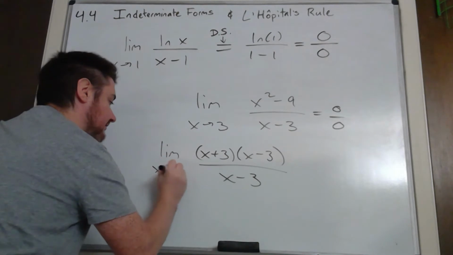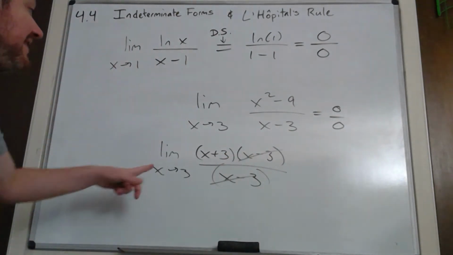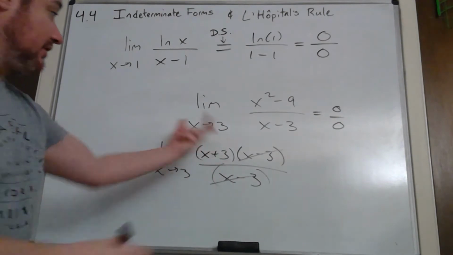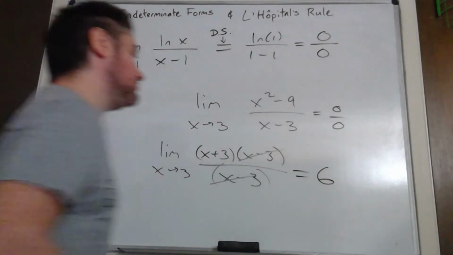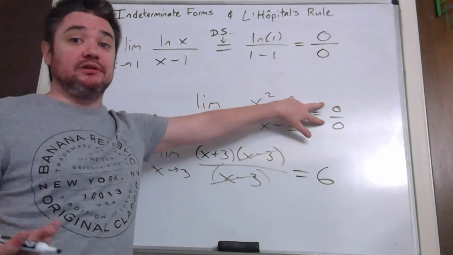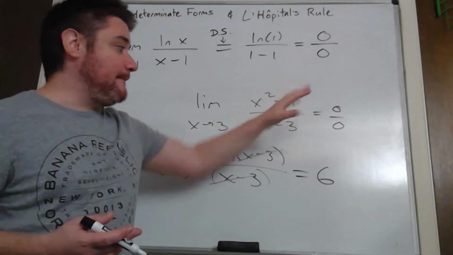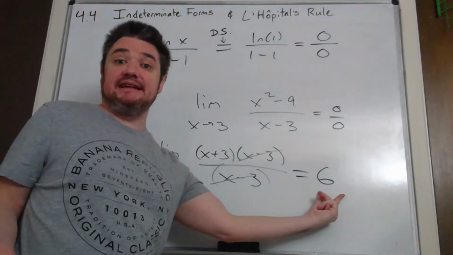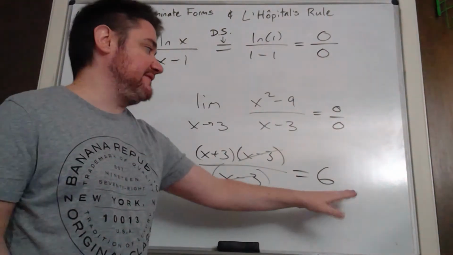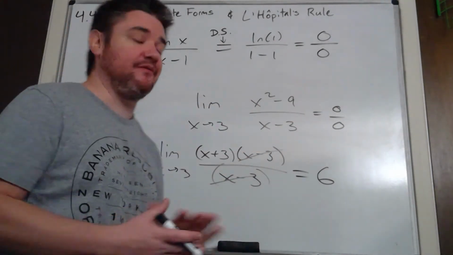We can cross off the common term, which is using our replacement theorem. Now we can do direct substitution: 3 plus 3 equals 6. So we had 0 over 0 originally, but we found that the limit actually does exist, and it's the number 6. There's no way of telling the number 6 from the original expression. So that's what it means to be an indeterminate form.